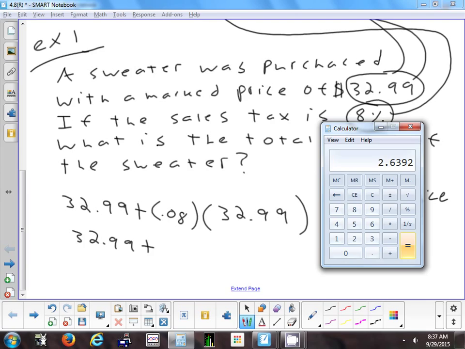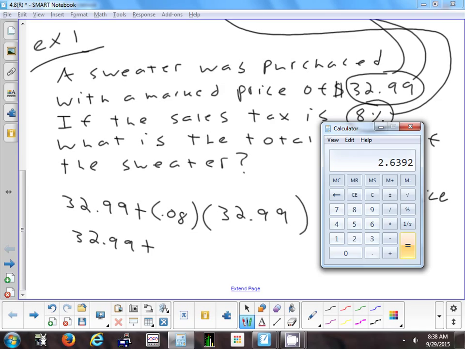How many decimals do you round to with money? When you buy something, how many decimal places do you round to? How about Corey? I think when you pay for something at the store, how many decimal places the most you've ever seen after the decimal point? I don't know, my mom usually does that. Yeah? 2. Right? We don't have any more than 2 numbers after the decimal point.